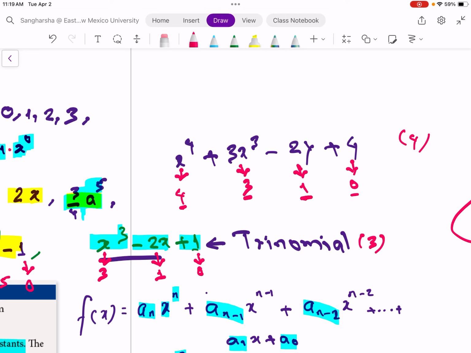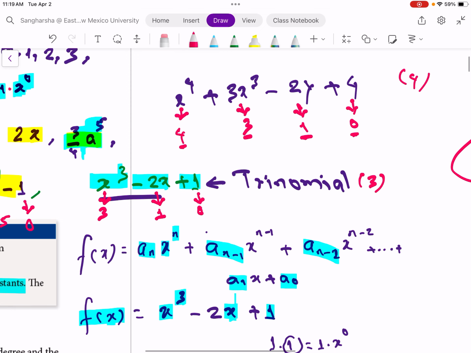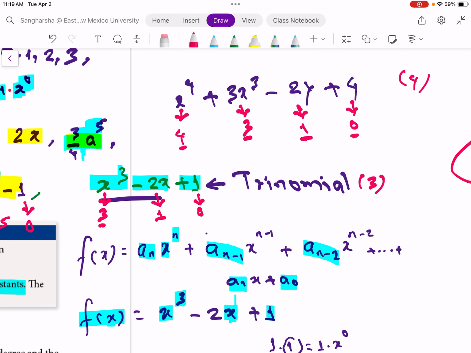So 4, 3, 1, 0 is in the descending order, right? That's how we write in standard form. So if you have a polynomial, make sure you always write it in the descending order of degree, with the highest degree first and the lowest degree at the end. Similarly, here we have 3, 1, 0 in the descending order.